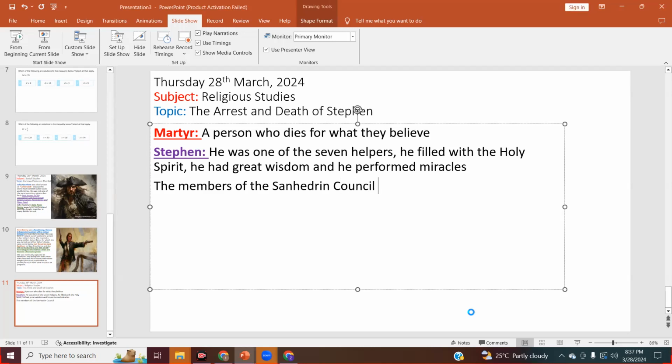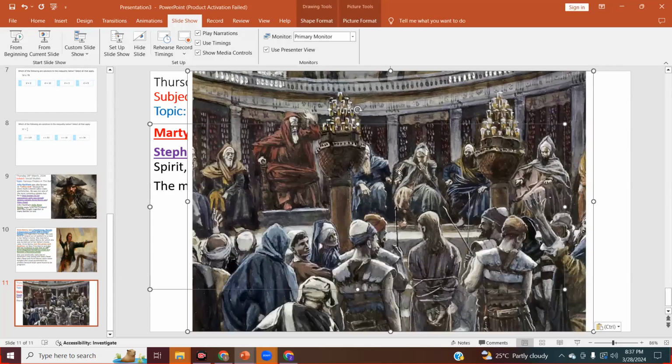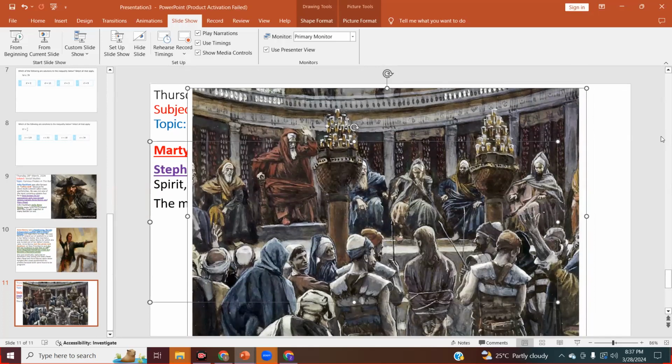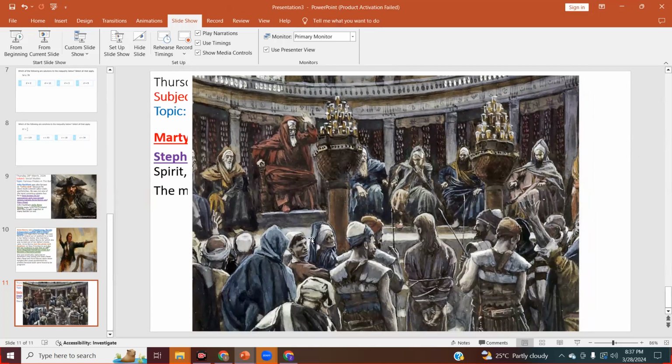So the Sanhedrin Council, as you can see, was the same group of people who had Jesus tried. Some members of the Sanhedrin Council and also the crowd are looking at Christ.